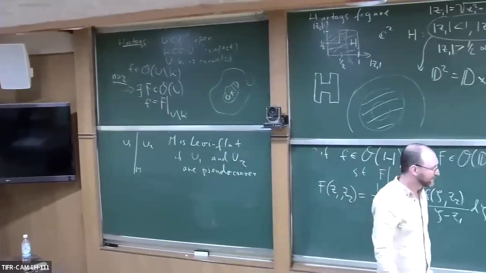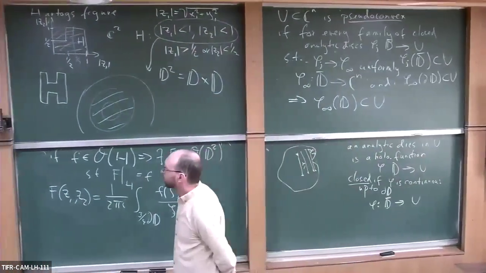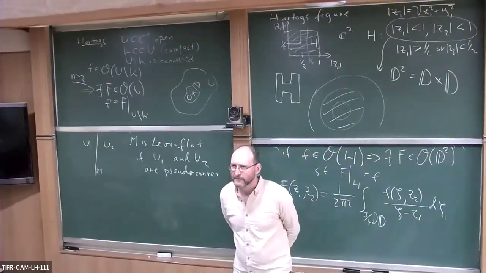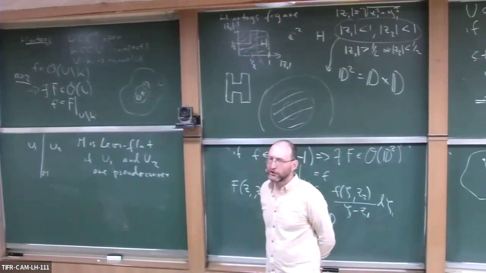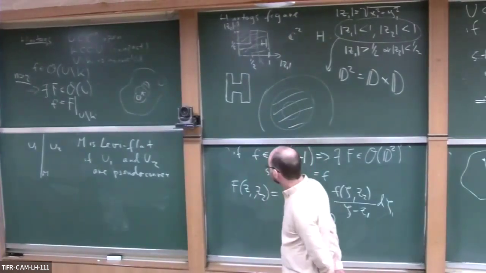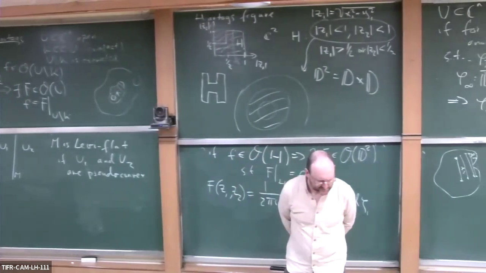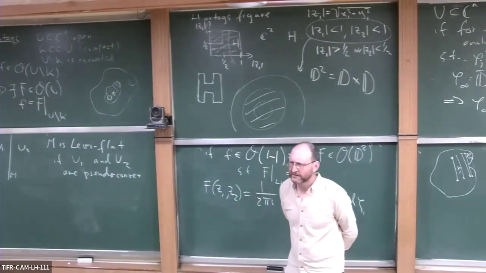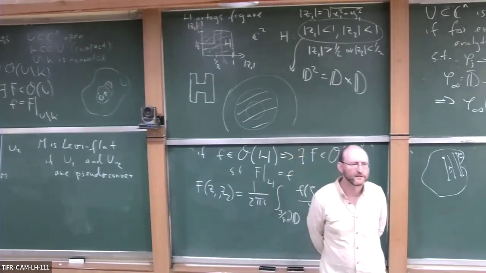Sure. So let's say you have two pseudoconvex domains, not intersecting, and you always put the separating surface between them. No. Locally you could, but locally, right.